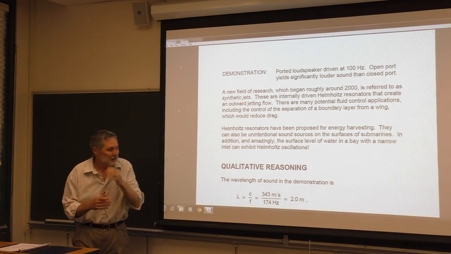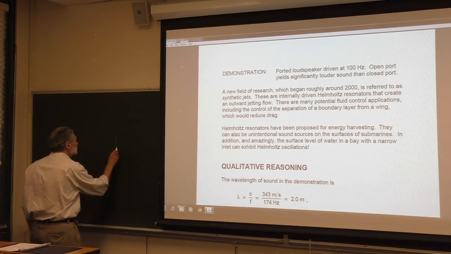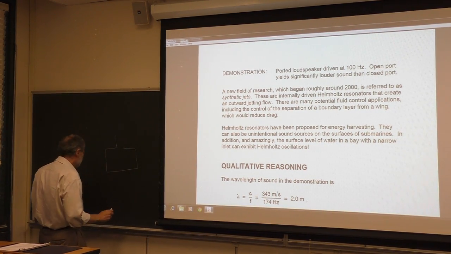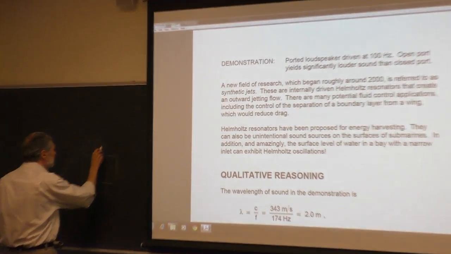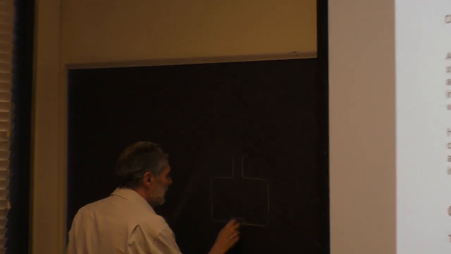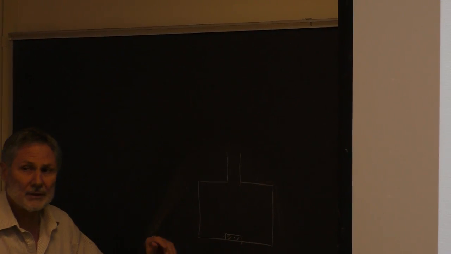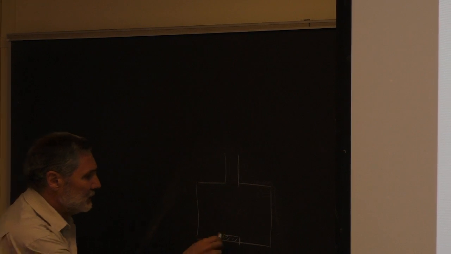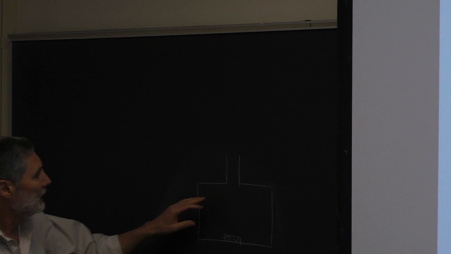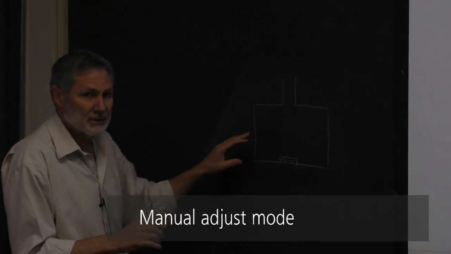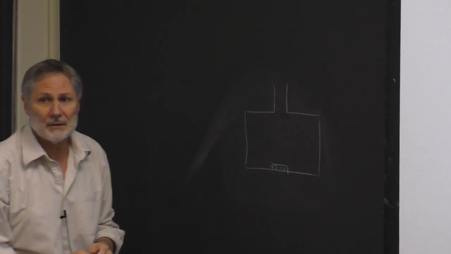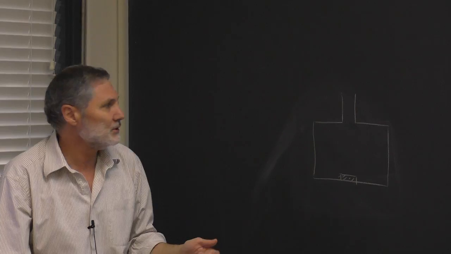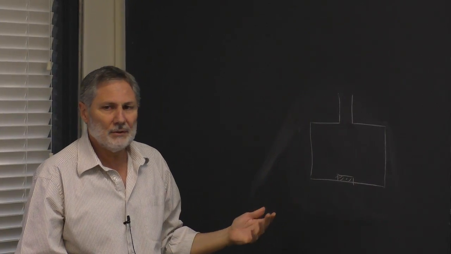What these are is a small Helmholtz resonator, and you'll understand why in a minute, where they put some kind of driver inside here, a piezoelectric type driver that vibrates. You put an oscillating voltage across there and it'll expand and contract. And if the amplitude's sufficiently high, you get a jet coming out here. This is very easy to demonstrate. I'm not going to demonstrate it for you, but you routinely do it in the nonlinear course.